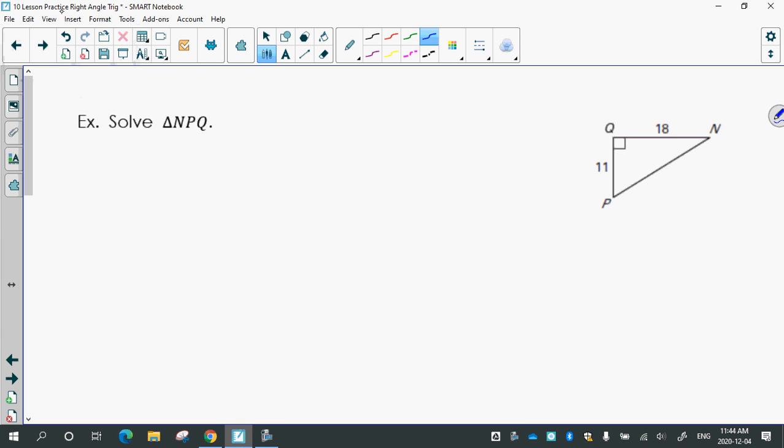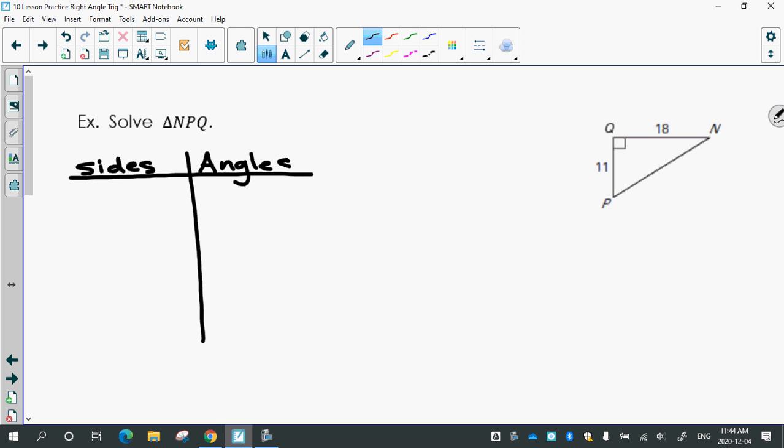Okay, so you still start off the same way by setting up your chart. And see if you can put them in alphabetical order. Remember, angles are capital letters and sides are the small letters across from them.